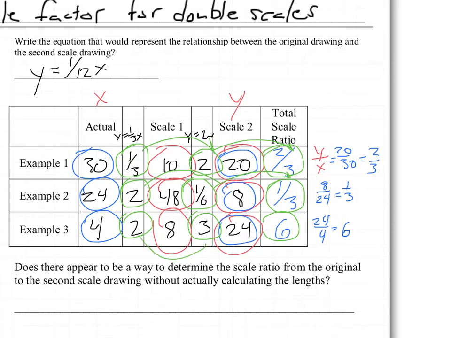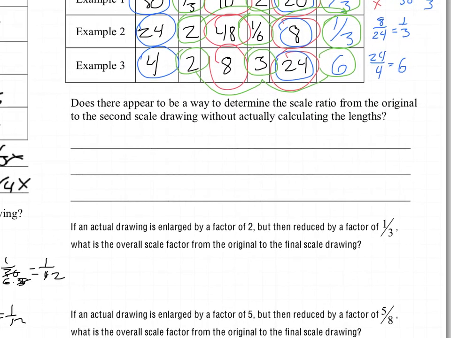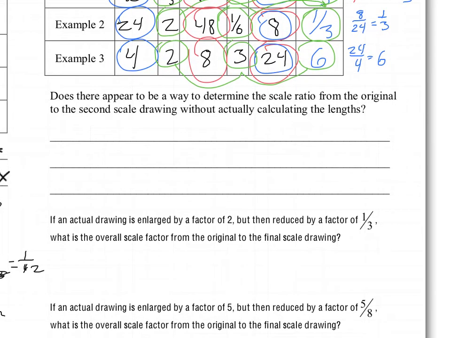From 2 to 3 to 6. Is there a common relationship between them? Think about that for a second, and write down what relationship you see between the scale ratios and the total scale ratio. Is there a way that we can calculate the total scale ratio without actually even knowing the values?